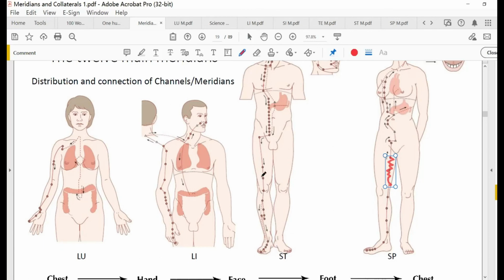That's the stomach. That's the spleen. Anterior. Spleen, stomach.